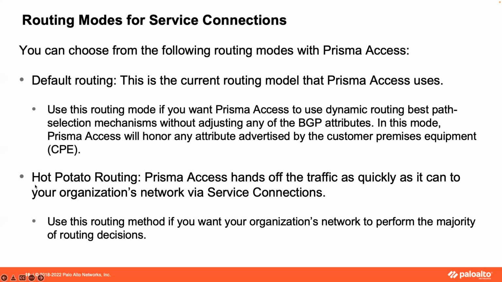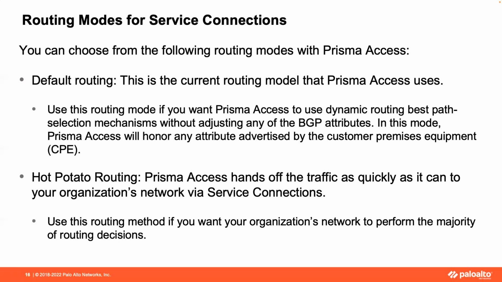There's a second option, hot potato routing. So the default routing is also called cold potato. But hot potato, just like a hot potato, we want to get out of our hands. We're going to toss it to somebody else. In hot potato, we're going to hand off the routing of traffic down into your customers or your routing infrastructure.